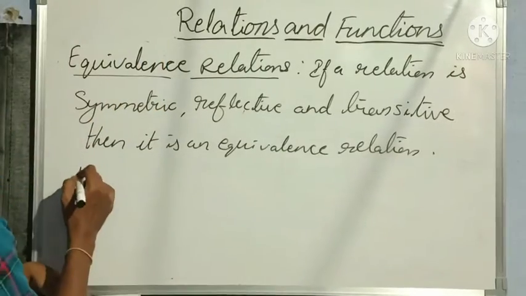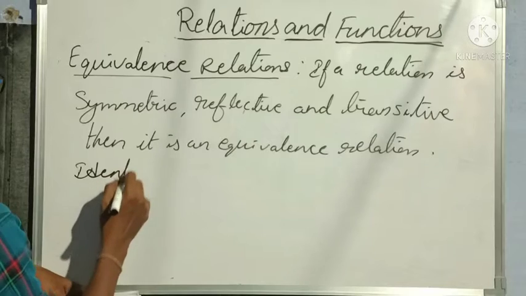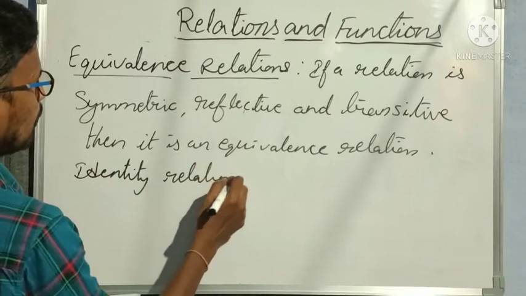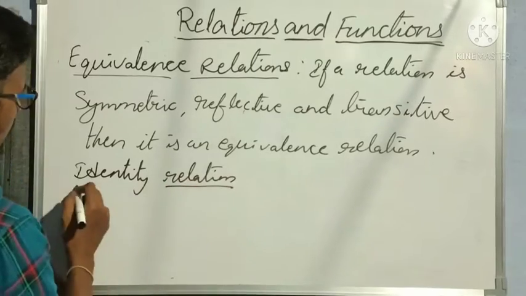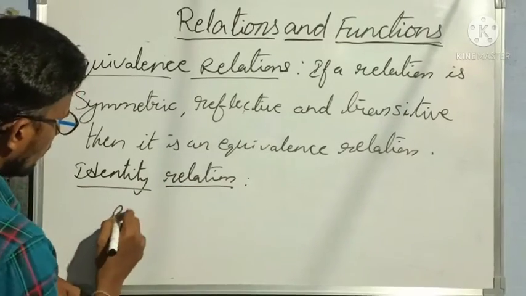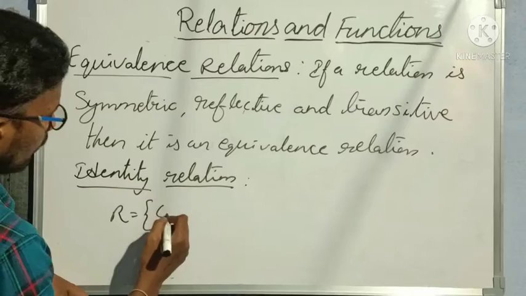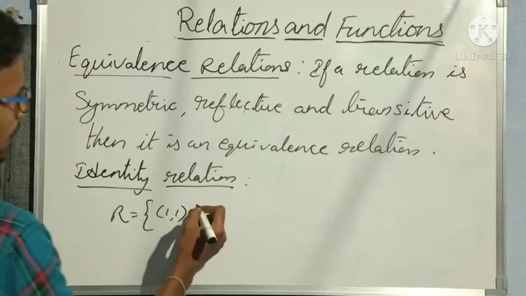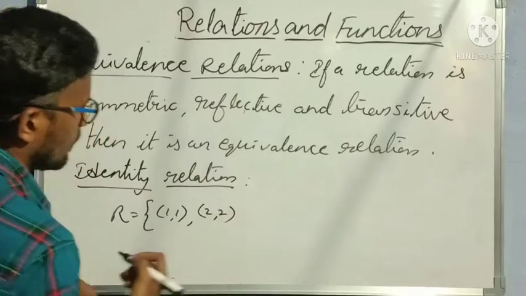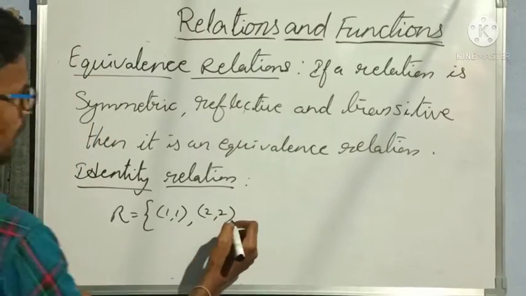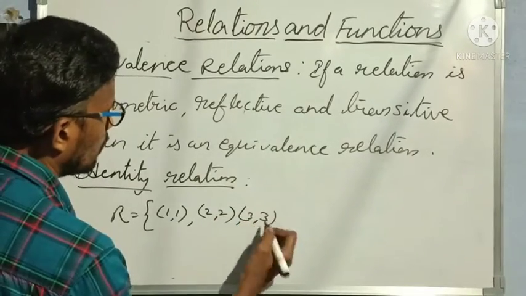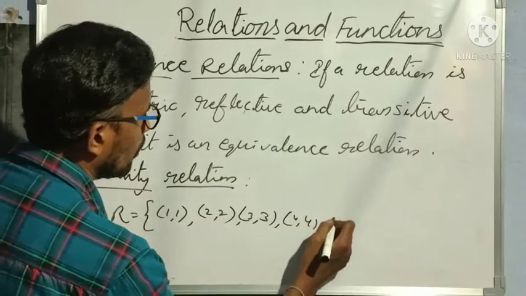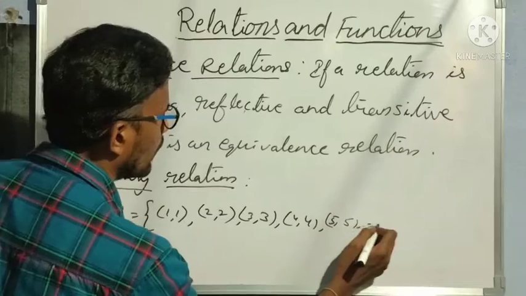Our best example is the identity relation. What is an identity relation? An identity relation is a relation such that every element of one set is mapped to the same element of the other set. Understood? So like this: 1 comma 1, 2 comma 2, 3 comma 3, 4 comma 4, 5 comma 5 and so on.